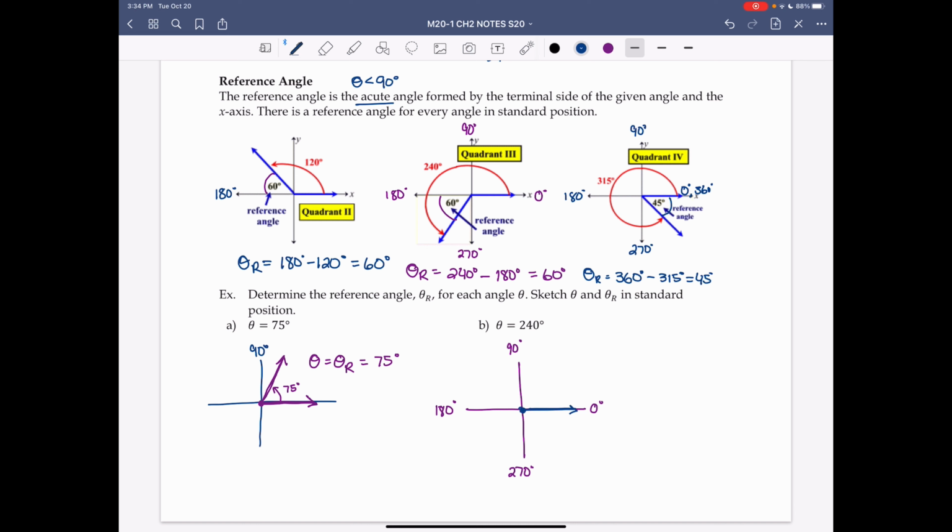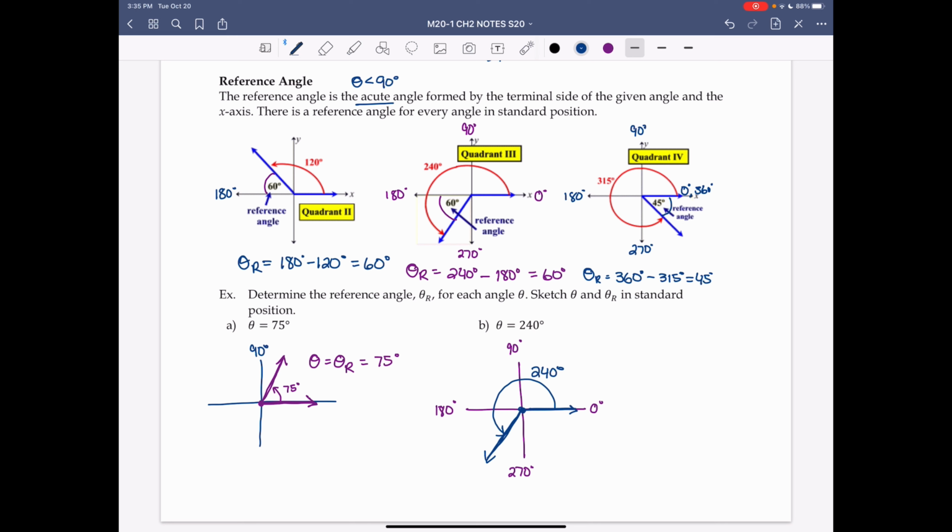The vertex of the angle is at the origin. 240 is bigger than 180 and smaller than 270, and it's closer to 270 than it is to 180, so it's maybe about here. So this angle all the way around is 240 degrees.